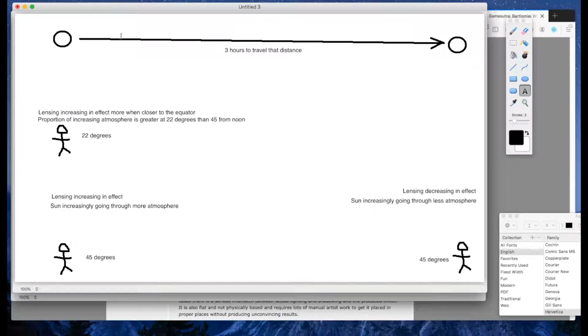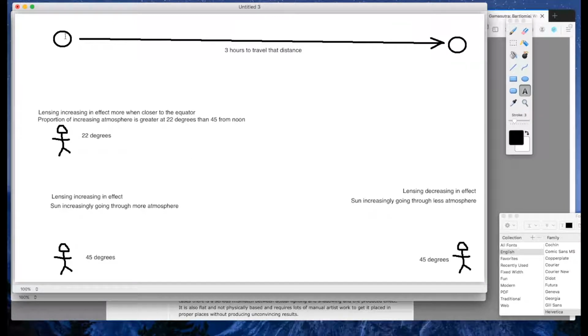Now, if we look at this on a flat Earth, so here is one observer that might be standing at 45 degrees latitude. Here's another one standing at 22 degrees latitude, and both of them have local solar noon. The sun is moving in this direction towards this observer.